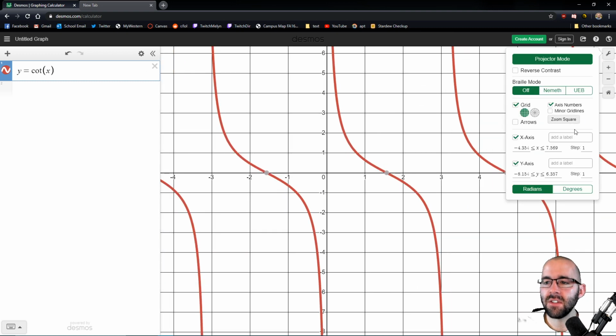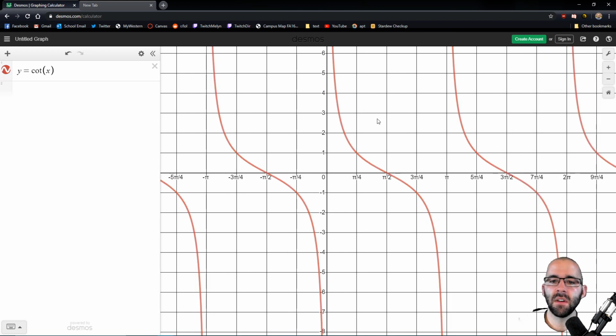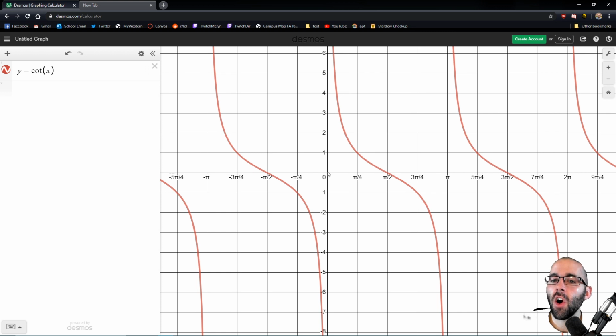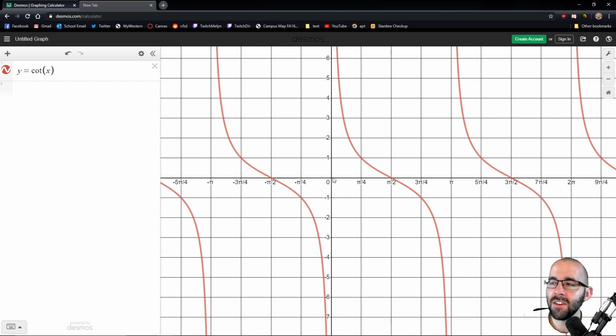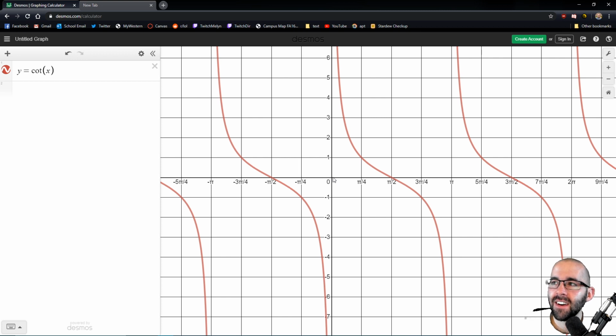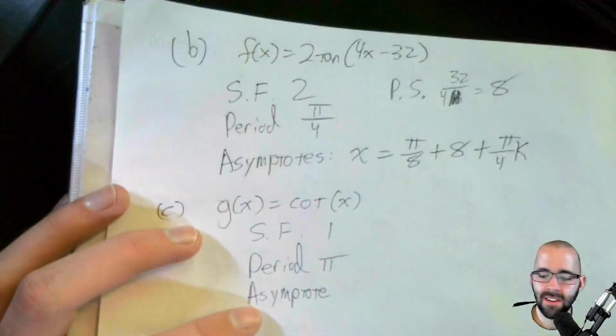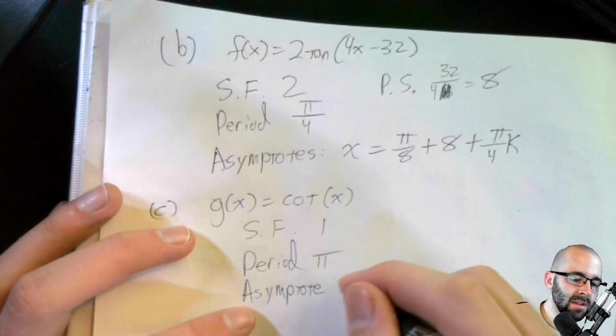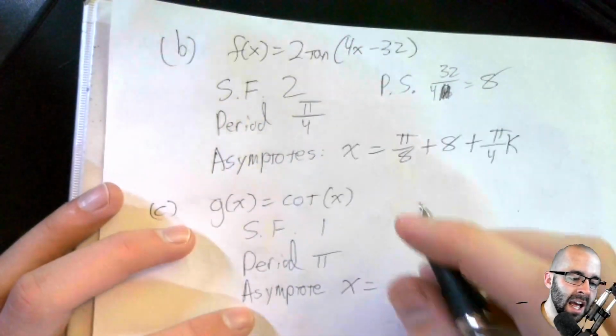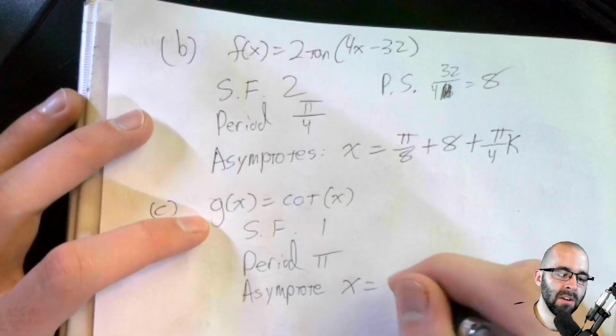The graph of cotangent, if we go back to a normal x step size of something like pi over 4, this is really nice because cotangent always has an asymptote at 0 unless we have a phase shift. Okay? So your first asymptote here is always super easy. The first asymptote is just 0.